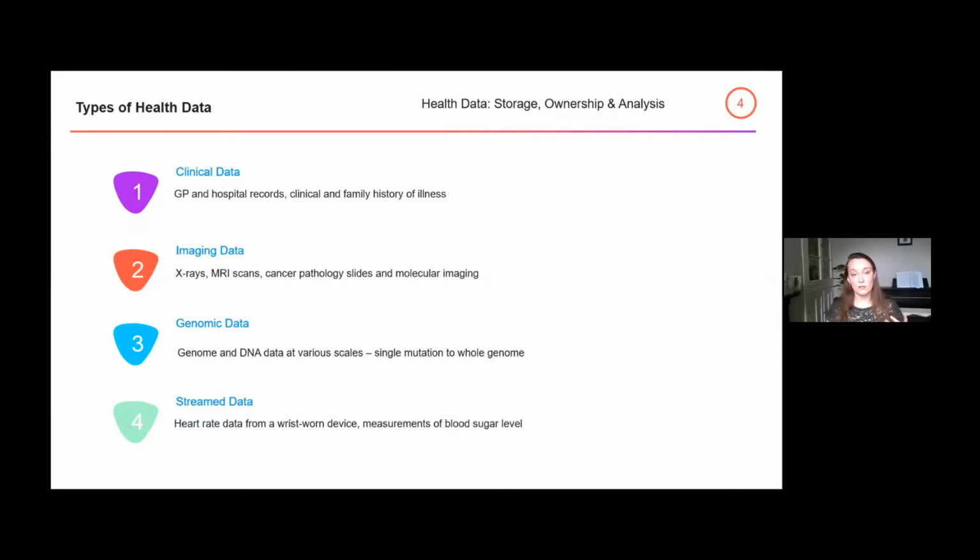However, when you start to look at images, these are files that can be gigabytes big, and there will be hundreds of them, while genomic data is 1 or 2 hundreds of gigabytes worth of files. And streaming, of course, is a different type of file as well. So even though it's all health data, you immediately can see that even technologically, it's quite different actually.